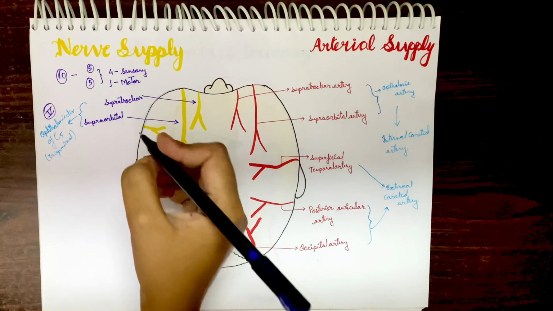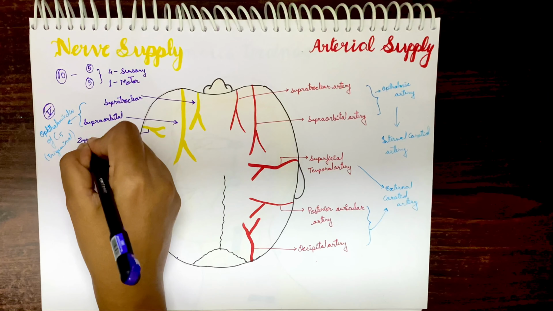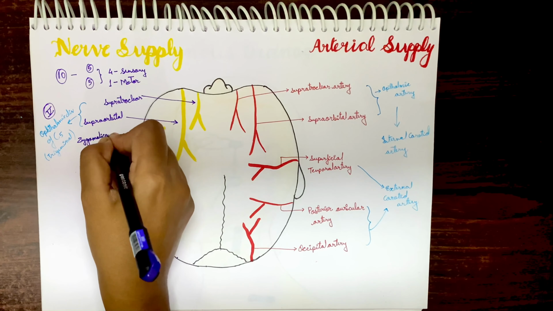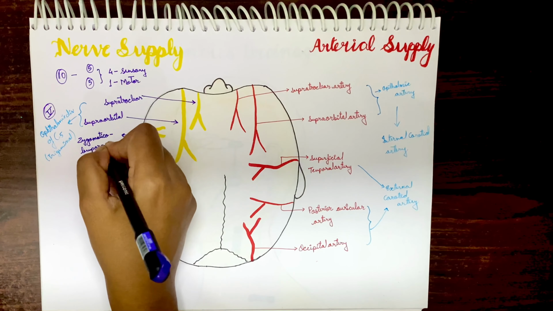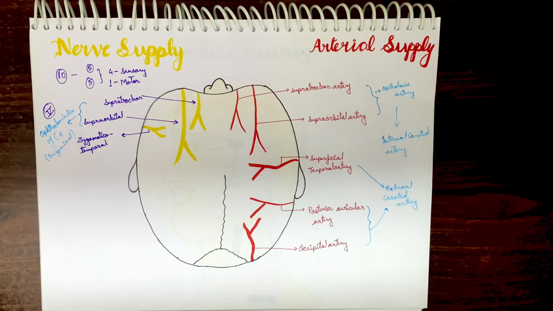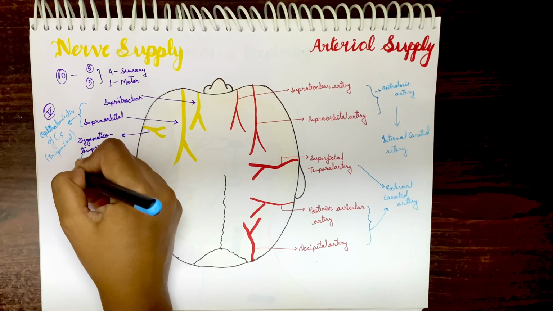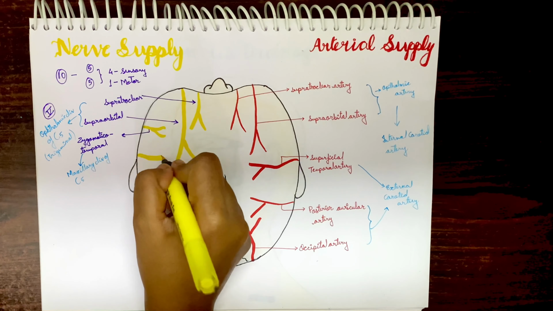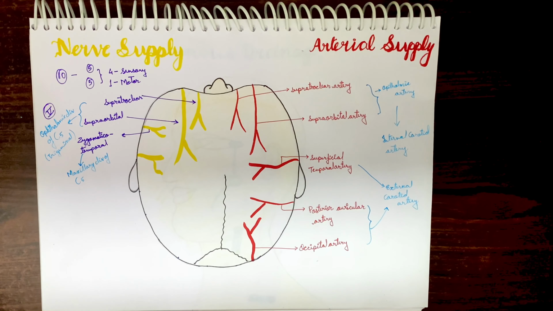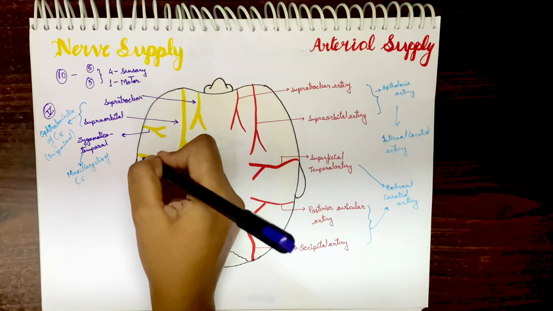Next is the zygomaticotemporal nerve. The zygomaticotemporal nerve is the branch of the zygomatic nerve. The zygomatic nerve is the branch of the maxillary division of the trigeminal nerve, that is also the fifth cranial nerve. The fourth sensory nerve present in front of the auricle is the auriculotemporal nerve.